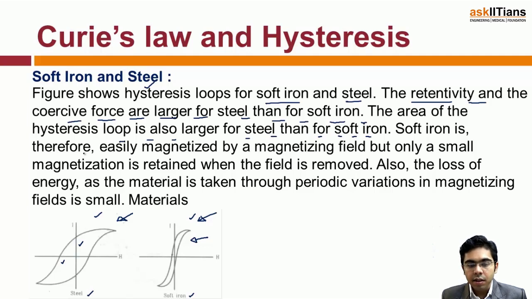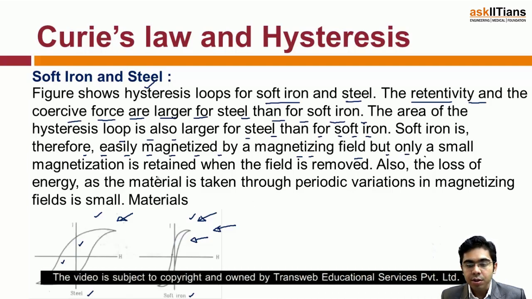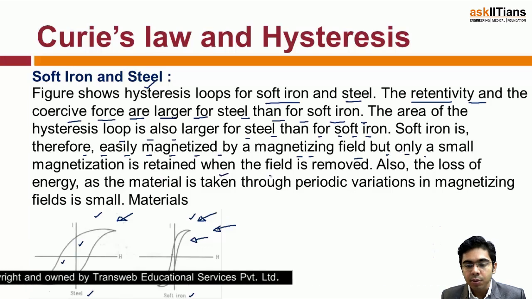So soft iron is easily magnetized by a magnetizing field. As I have told you, you can easily magnetize it by applying the field because of its thin loop, or it can be easily magnetized or demagnetized. But only a small magnetization is retained when the field is removed.